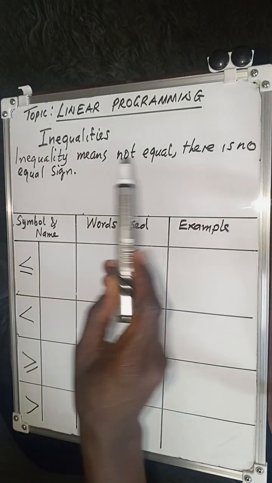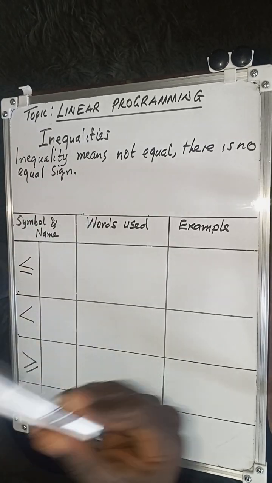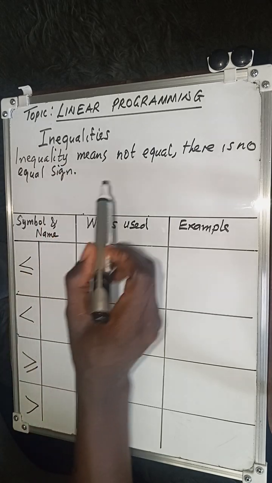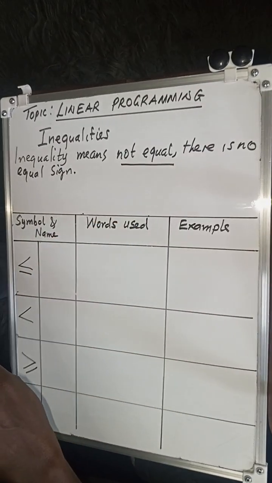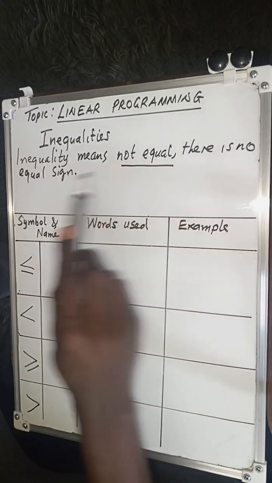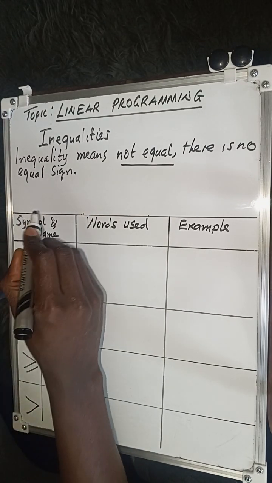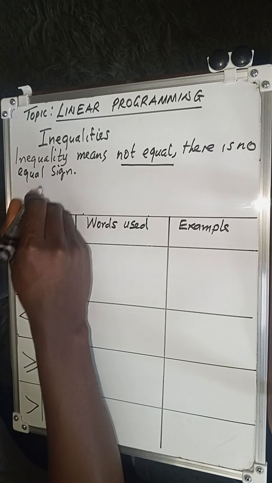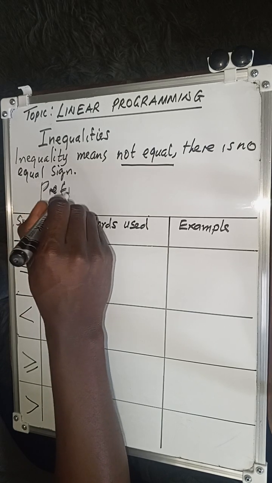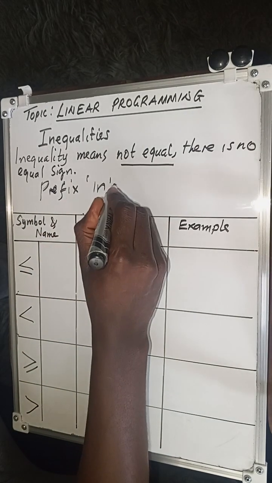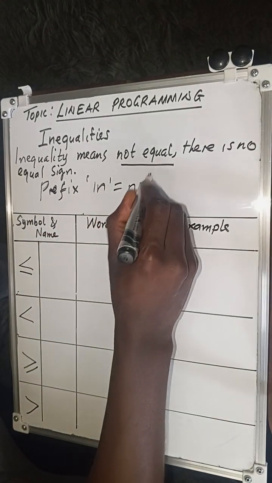Now, of course, under linear programming, we use what we are calling inequality symbols. So the word itself, inequality, means not equal. Why? Because there is no equal sign when we are using inequality symbols. In fact, if you look at the prefix in the word itself, the prefix "in" simply means not.